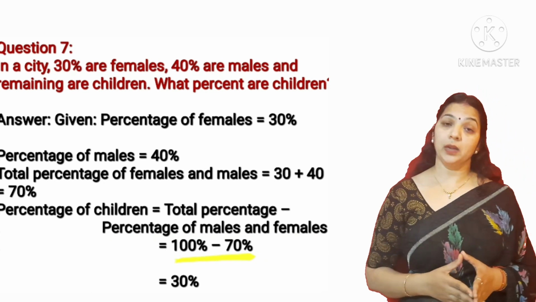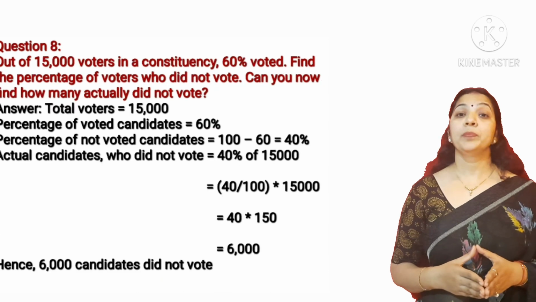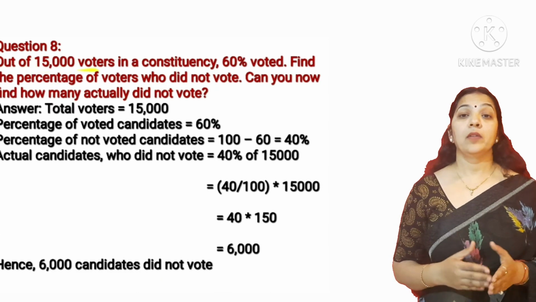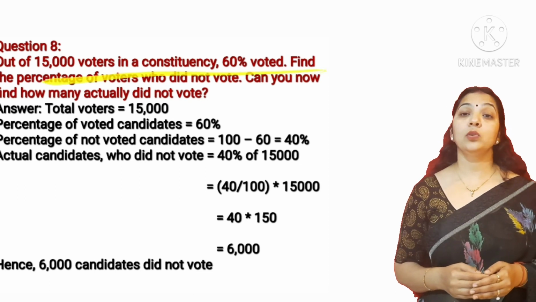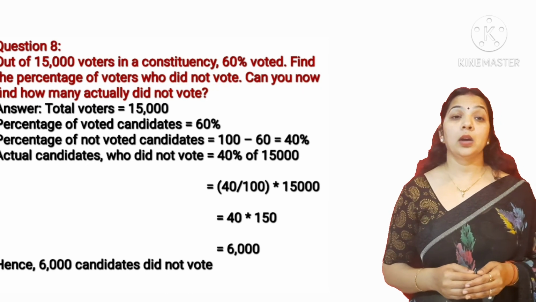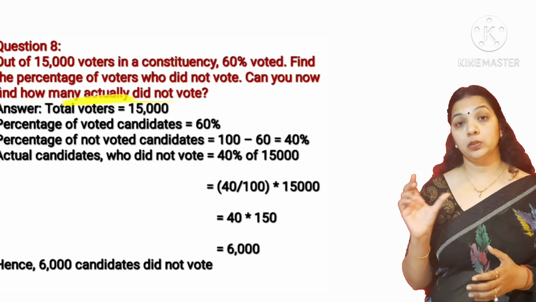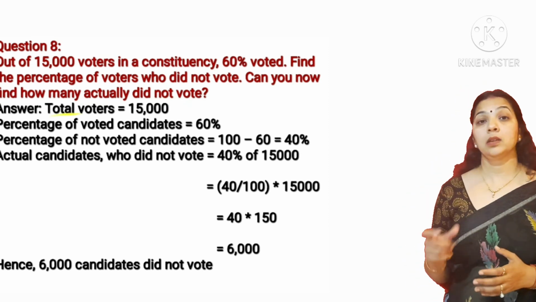Next one is question number 8. Out of 15,000 voters in a constituency, 60% voted. Find the percentage of the voters who did not vote. Can you now find how many actually did not vote? Now here the total number of voters is 15,000 and 60% voted.